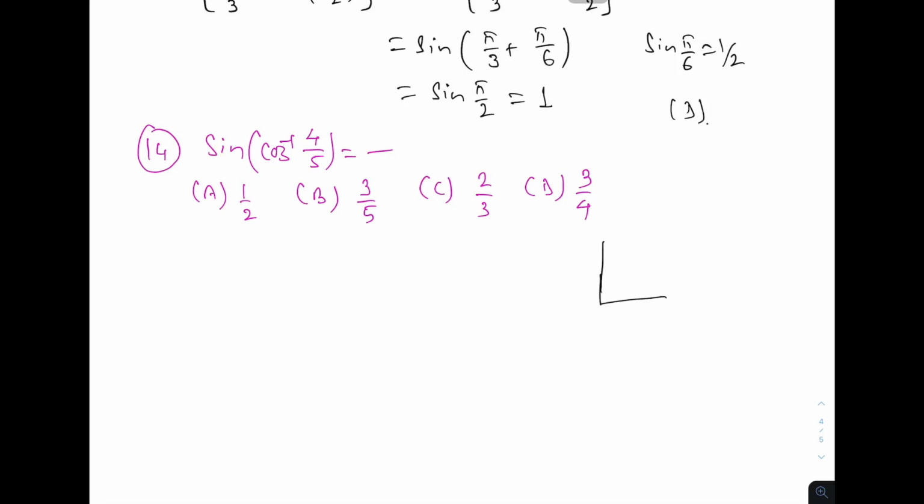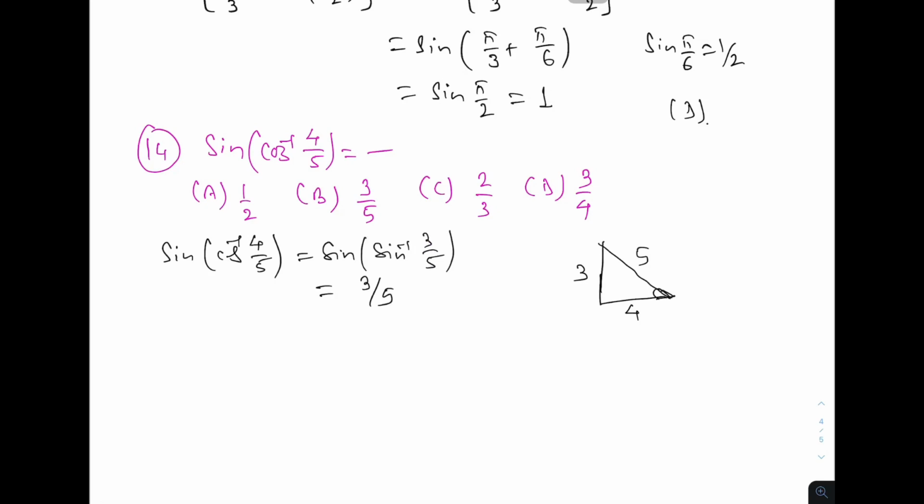You can just write the right angle triangle, with cos inverse angle, 4, 5 and Pythagorean triplet. So this is 3. So sine of cosine inverse 4 by 5 is the same as sine of sine inverse 3 by 5, and so the answer is 3 by 5.